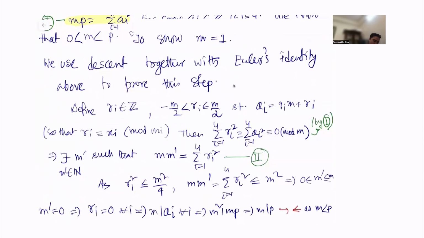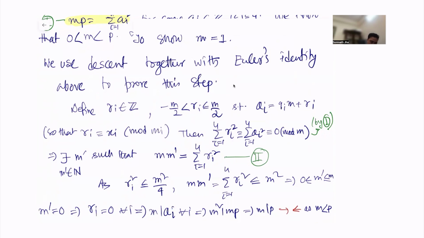So why can m prime not be 0? If m prime is 0, summation of squares of real numbers is 0, so each Ri is 0 for all i. That means m divides ai, so m squared divides ai squared.